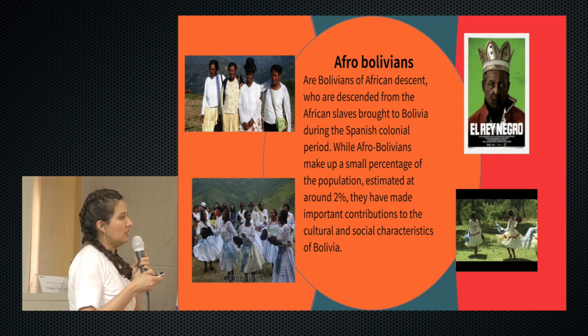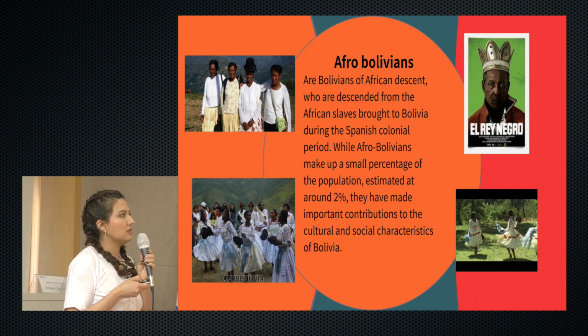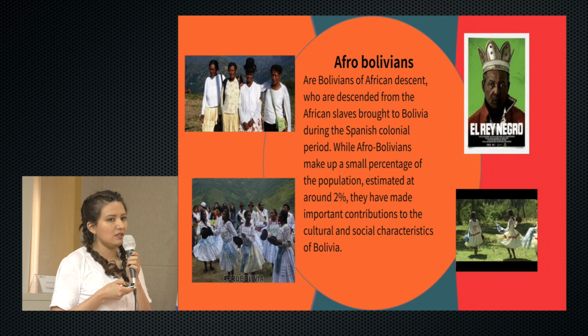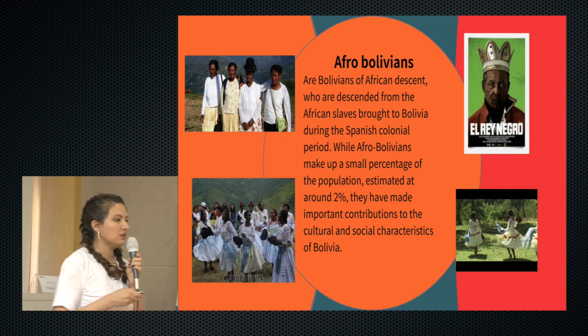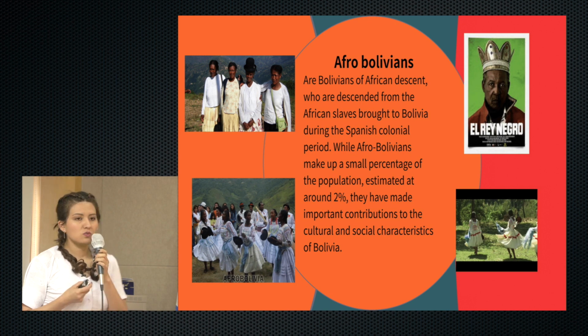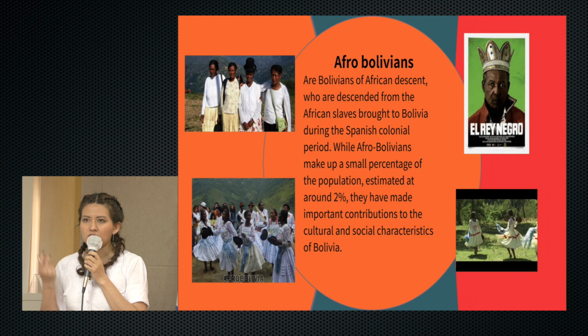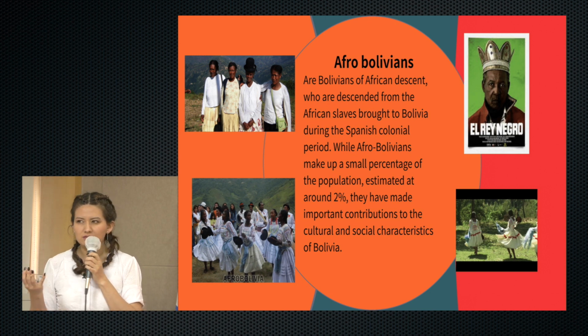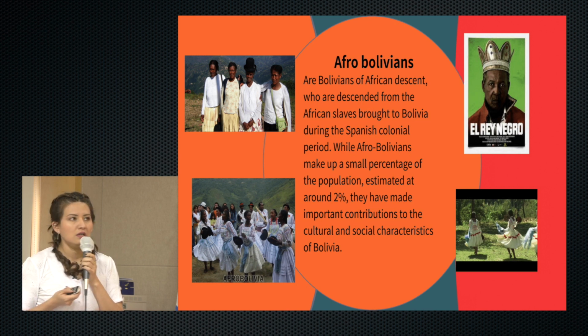There is even a movie, it's called The Black King. It's the last king in America because the history says that the slaves were working and they saw a person who had tattoos, something like royal tattoos. So they recognized him and said, oh, it's our king.